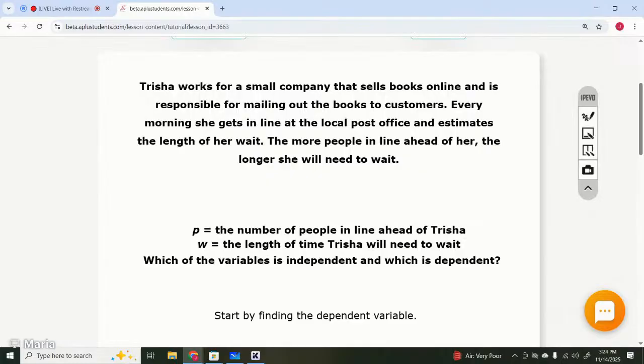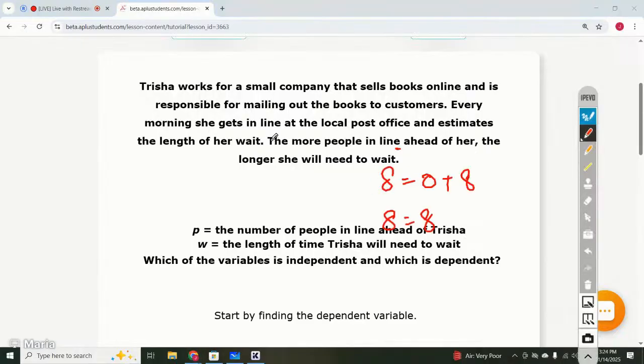In the given statement, one of the lines is very important. From this line, you can identify the dependent and independent variables. This is the line: the more people in the line ahead of her, the longer she will have to wait.